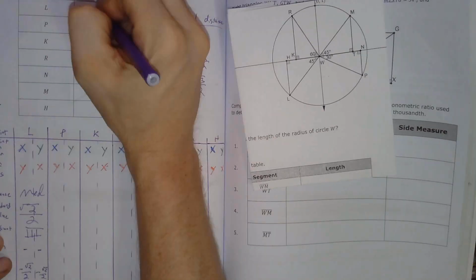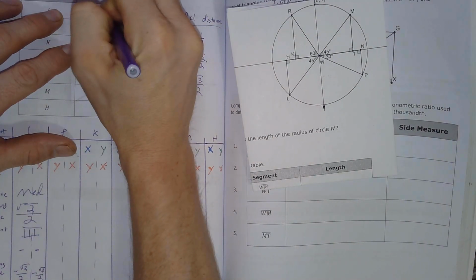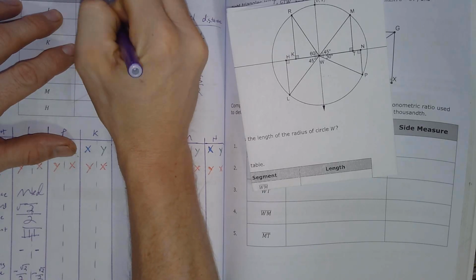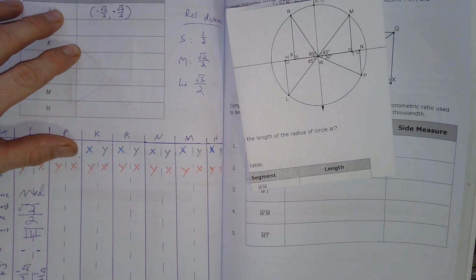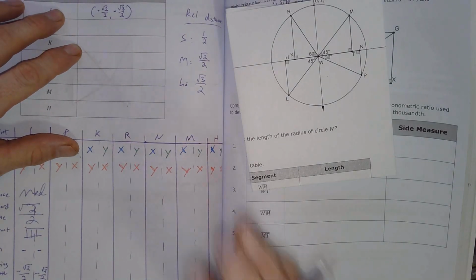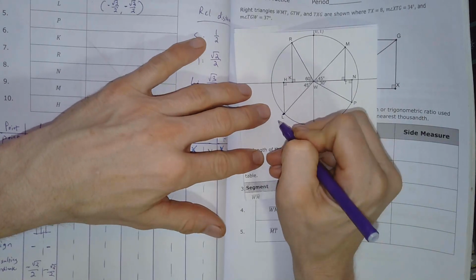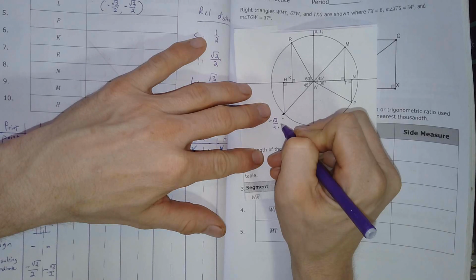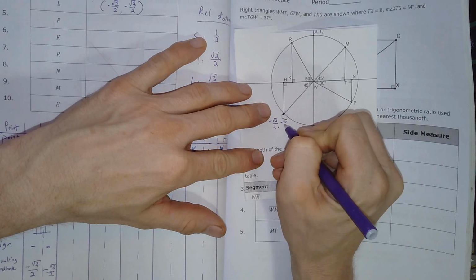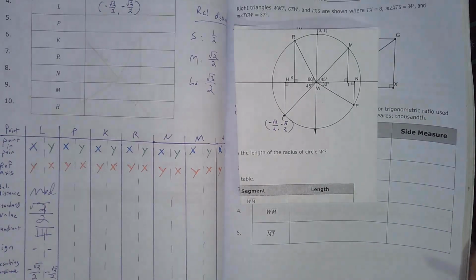Right? So the coordinates are going to be negative square root of 2 over 2, comma, negative square root of 2 over 2. Okay? It's that easy. That is the point value for this point. All right?